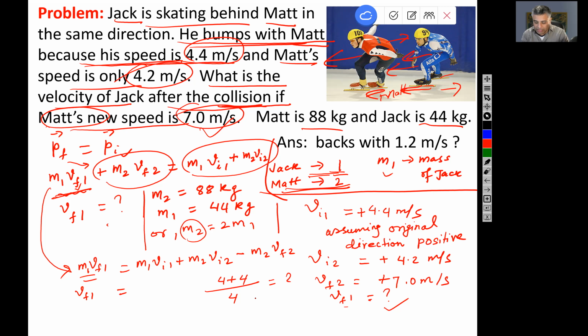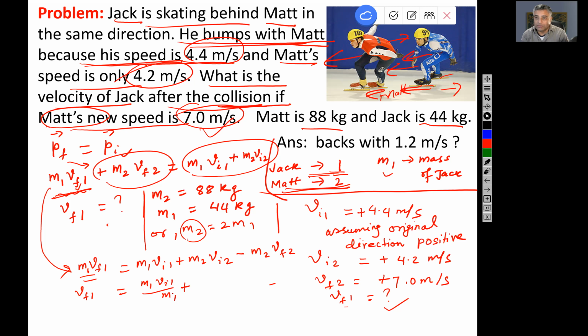Or this could be 4 divided by 4 plus 4 divided by 4, which is also 2. It's the same thing. So I can just draw a big line and write m1 underneath, or I can do this, m1 vI1 over m1. Each term, divide each term, it's the same thing, okay?